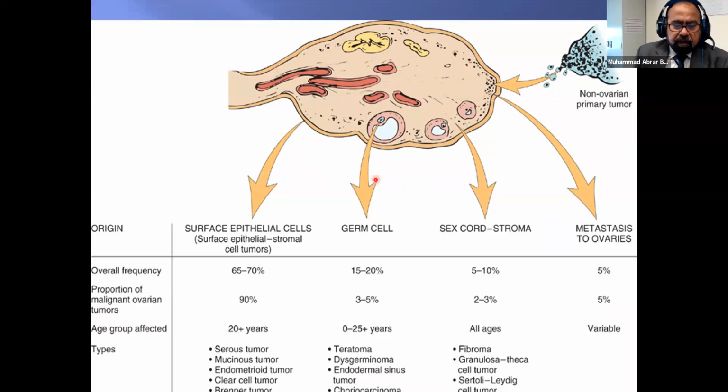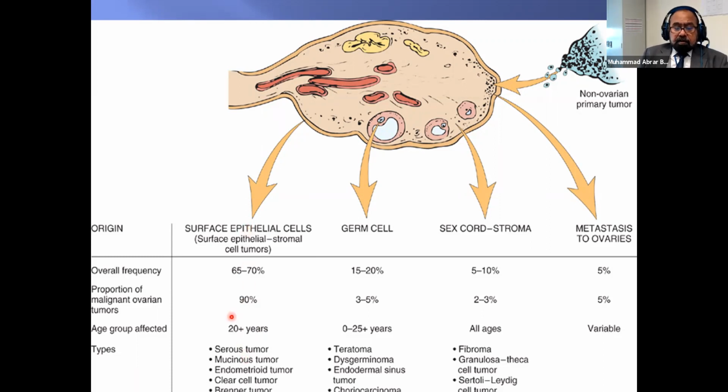The maximum amount of tumors, 65 to 70%, are surface epithelial tumors, and about the malignant potential, 90% of the malignant ovarian tumors actually arise from the surface epithelium.